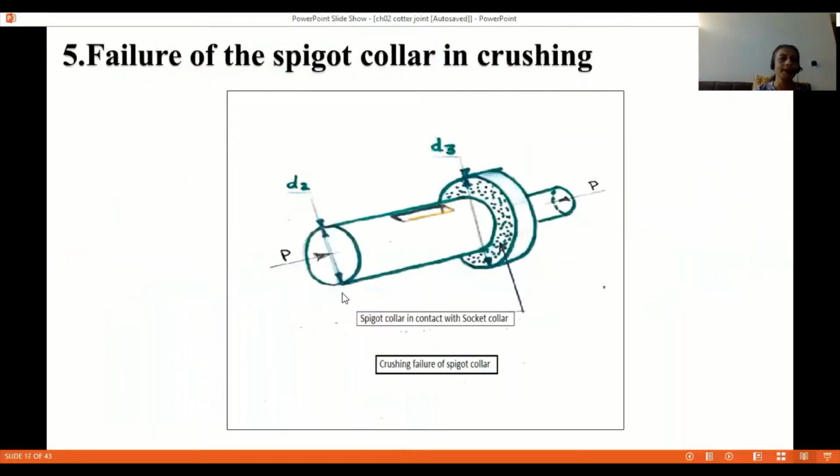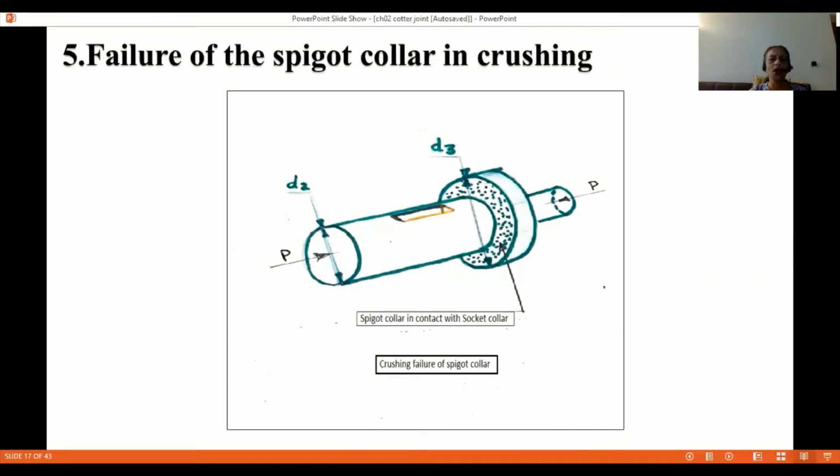Next step is failure of the spigot collar in crushing. From this diagram, we can see that this left face of the spigot collar is in contact with the right extreme face of the socket collar.